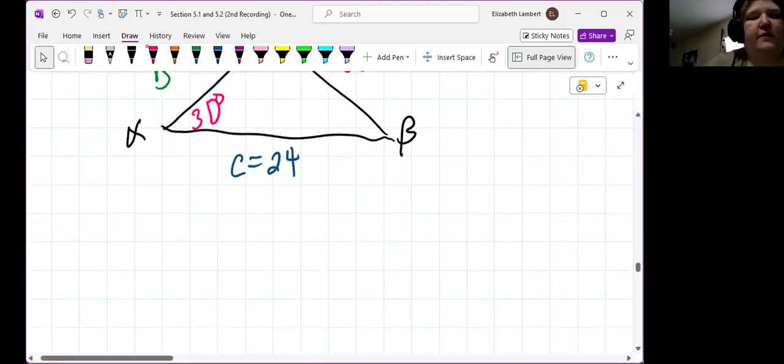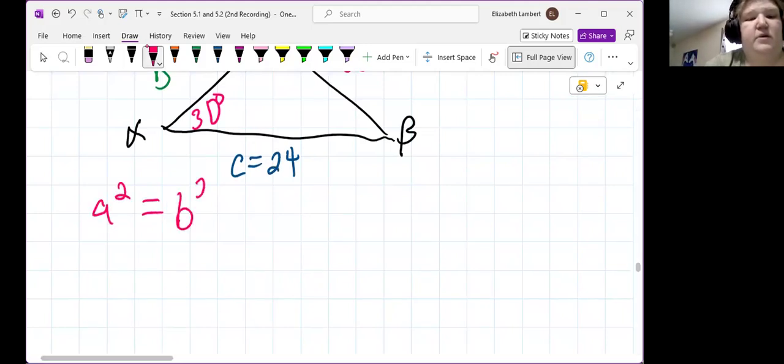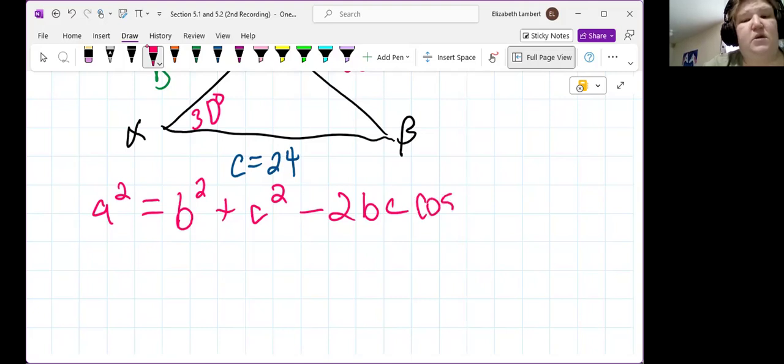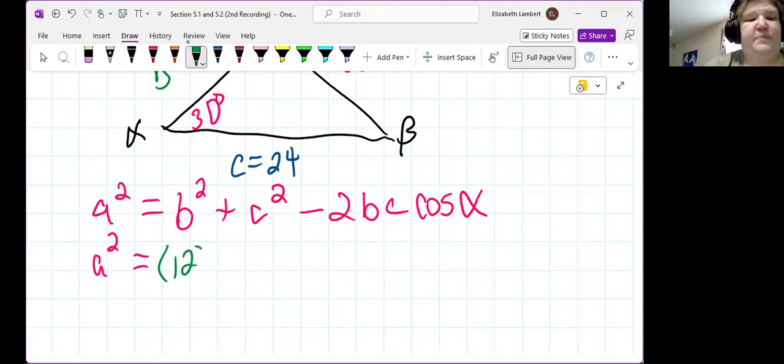So we need our law of cosines that starts with A squared equals B squared plus C squared minus 2BC cosine alpha. Now we just fill in the things we know. We don't know A squared. B is 12. C is 24.